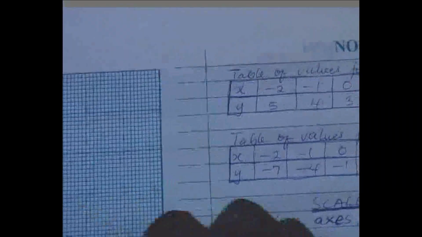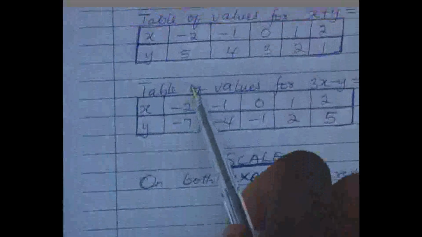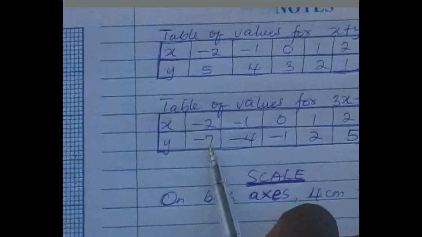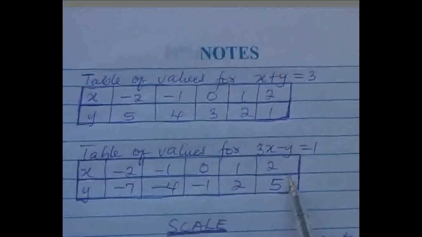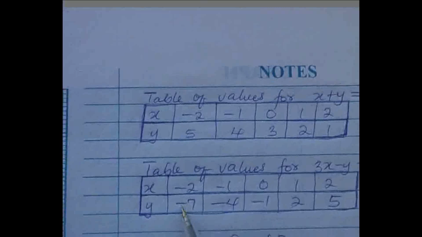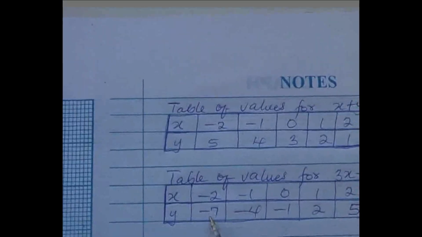This means that on the negative side of the graph paper, we are going to give more space to accommodate -7 and leave a shorter space up, because we have 5 only. You know that -7 is more elongated.